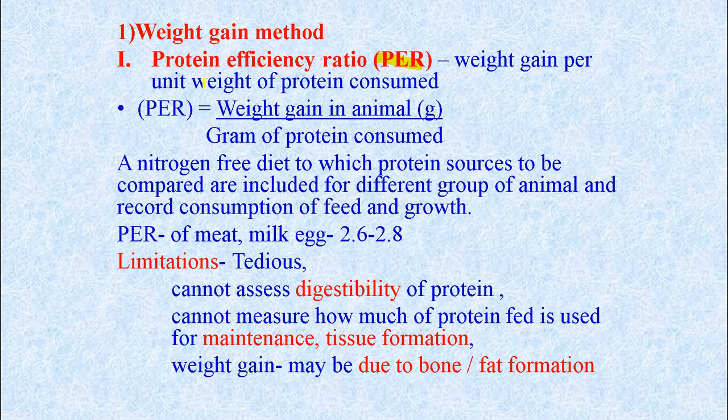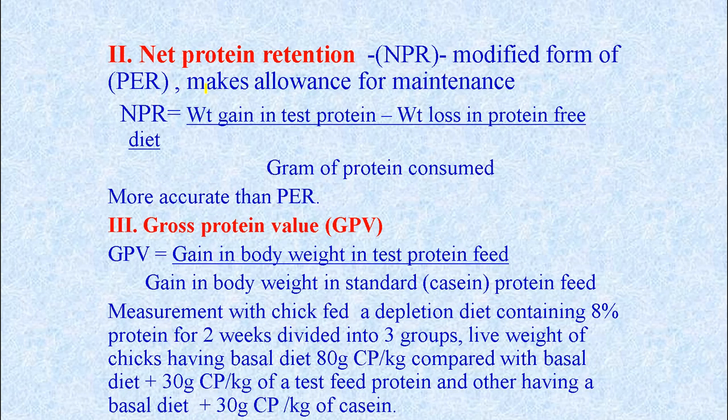But the protein efficiency ratio calculation is one of the most tedious methods. It cannot assess digestibility of the protein. It cannot measure how much of the protein fed is used for different purposes of the animal, like maintenance of body functions, tissue formation or growth, and weight gain that may be due to bone or fat formation and also muscles.